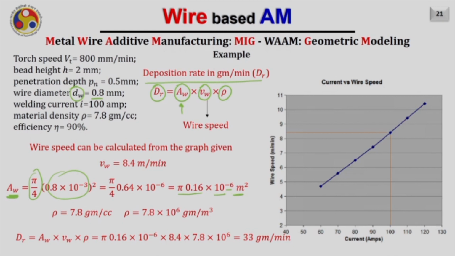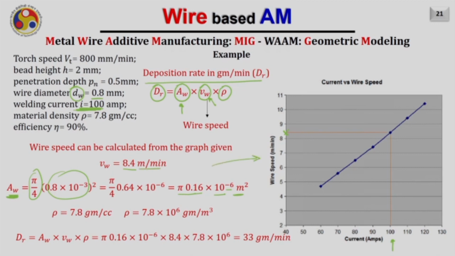Now the wire is moving with the speed Vw. How do we obtain this Vw? It is not directly given to us in the problem. Instead, the current is given, and they said that the current is 100 amps. Let us go back to this diagram, and you can see that if the current is 100 amps, then correspondingly the wire feed should be 8.4 meter per minute.